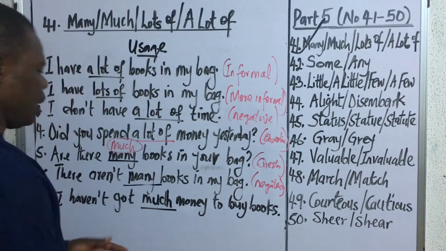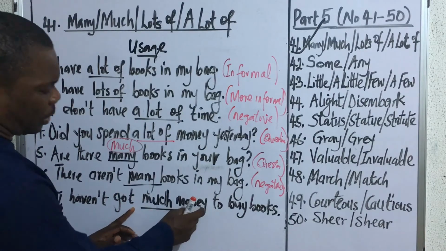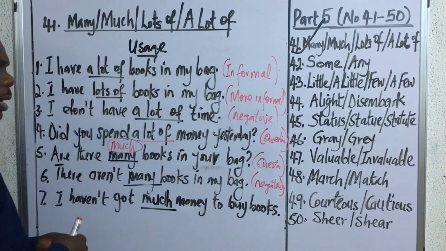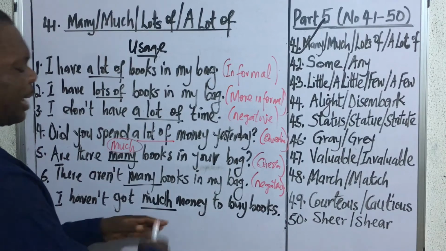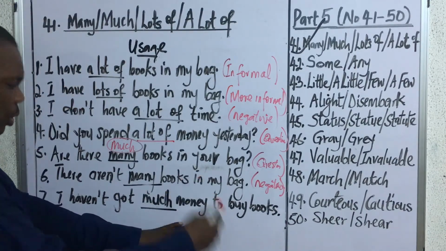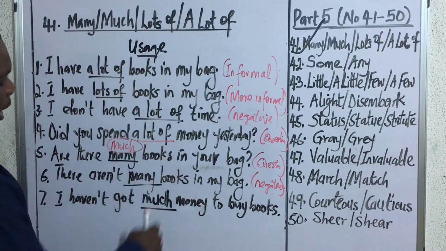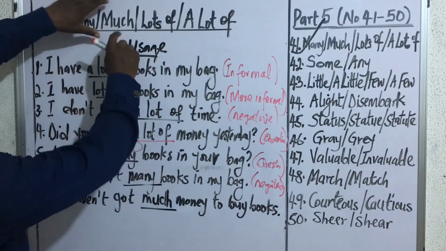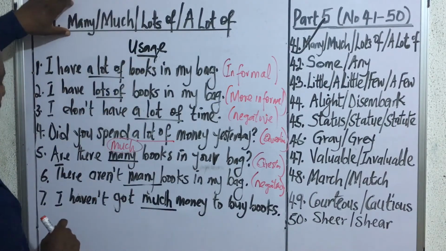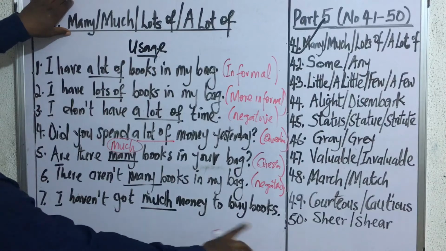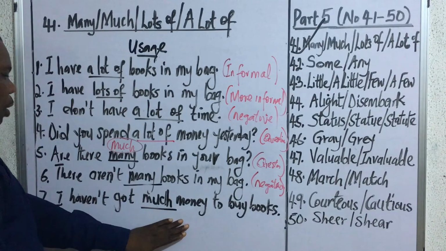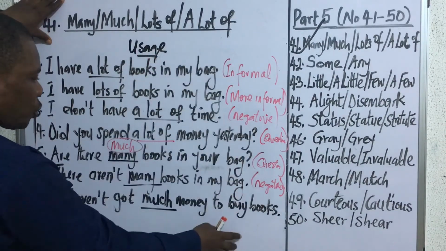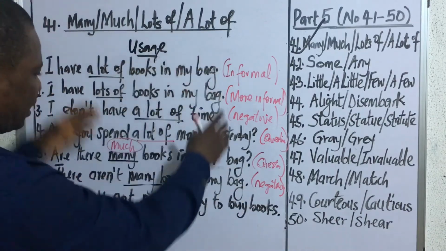And we are using much here because we are talking about money. Although money can be counted in terms of value, it cannot be counted in terms of quantity. Therefore, it will attract the quantifier much and not many. You cannot say, I haven't got many money. No, it is much money. So this is how to use these quantifiers in expressions.